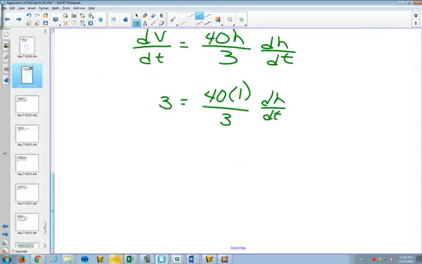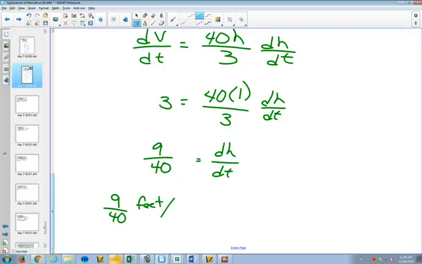And solving for dh dt, we get 9 over 40. Putting that with units, our height was measured in feet per minute.